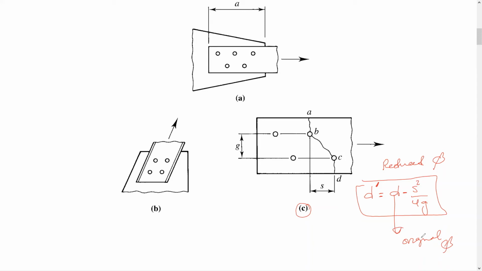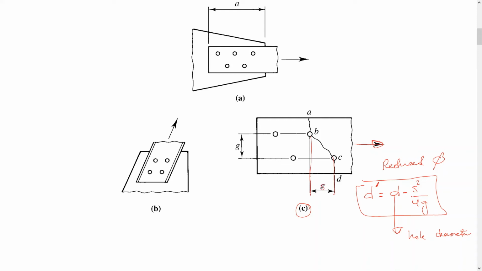Let me make it nicer here and put hole diameter. S is the stagger or pitch of the holes, the spacing in the load direction. So this is the load direction, and this is the S between here and here.